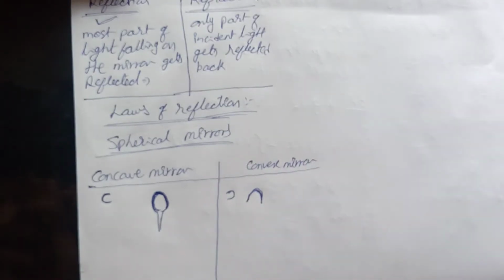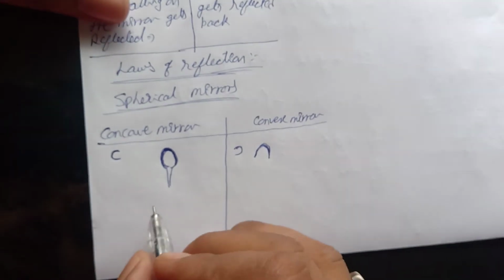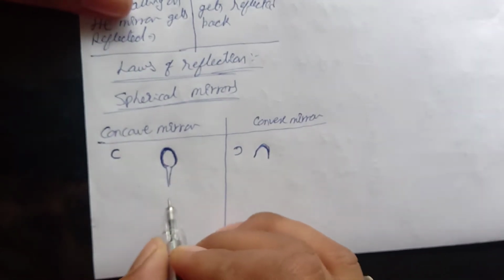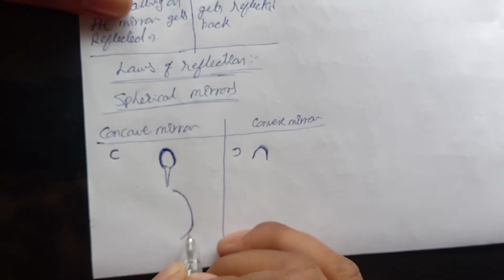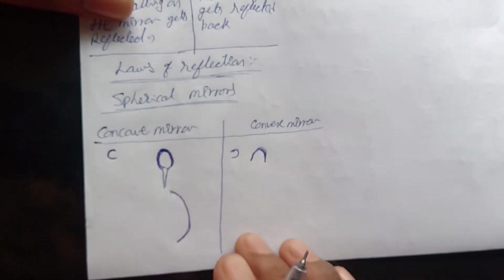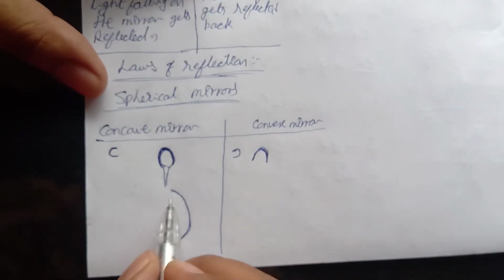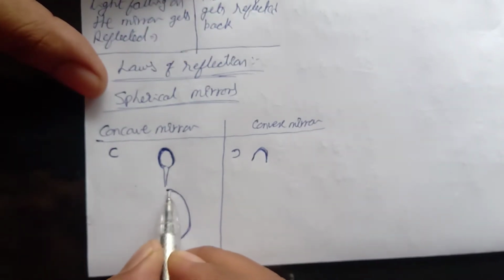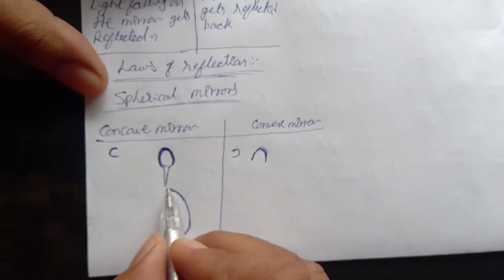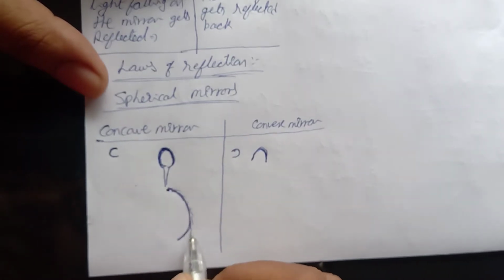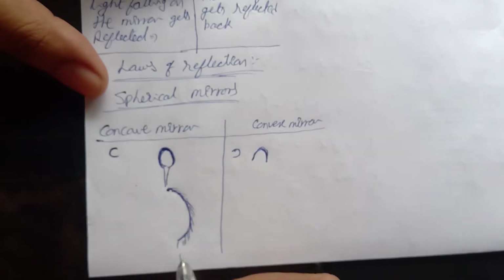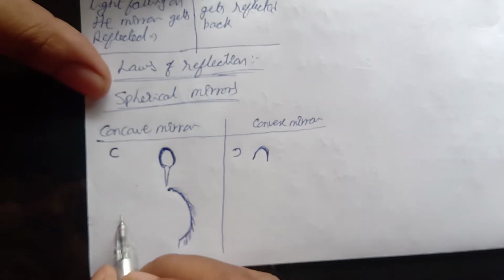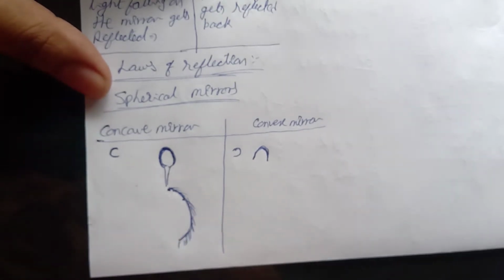Similarly, this is your concave mirror. In this concave mirror, this part will be the reflecting part, and the other part is painted with some chemicals. Whenever light is incident on it, this part reflects it.